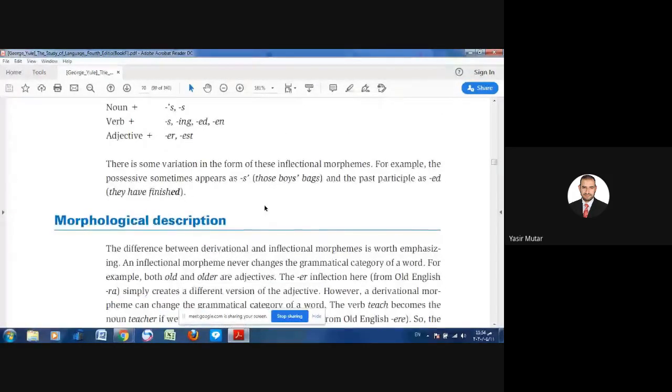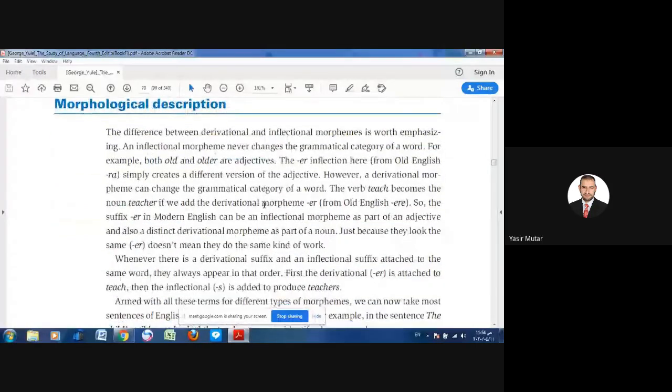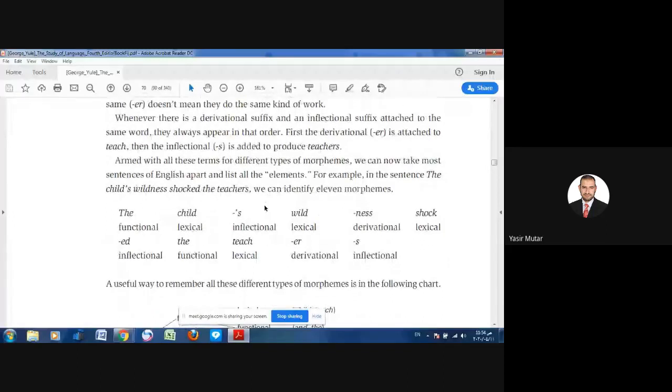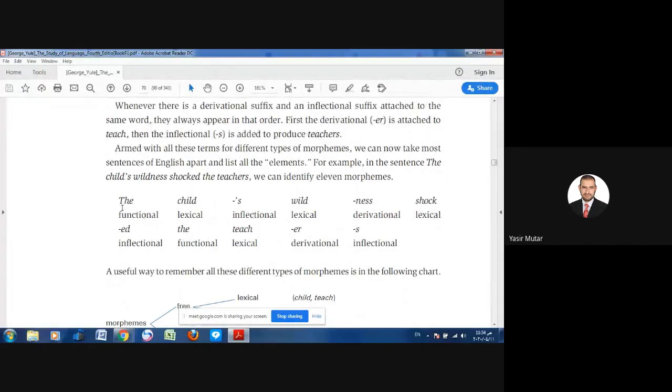For example, we have this example: the child's wildness shocked the teachers.